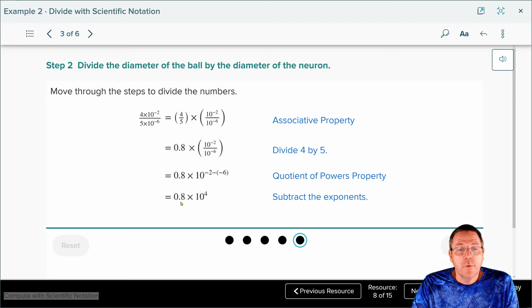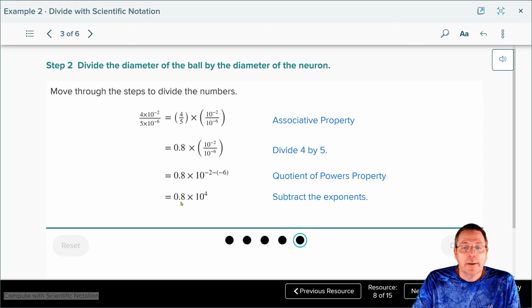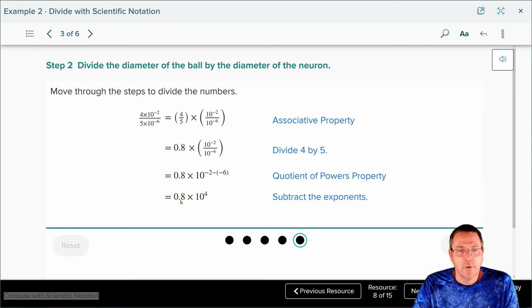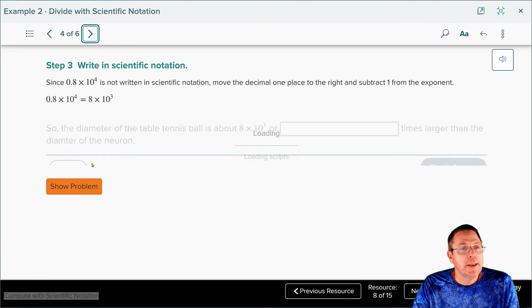So the answer to that question in scientific notation, actually, that's not really quite the answer, because they said to put it in scientific notation, but it's not. The decimal's in the wrong place. So they stopped at that point where they said that the tennis ball is 8 times 10 to the 4th larger than the neuron, but there is going to be an issue there.